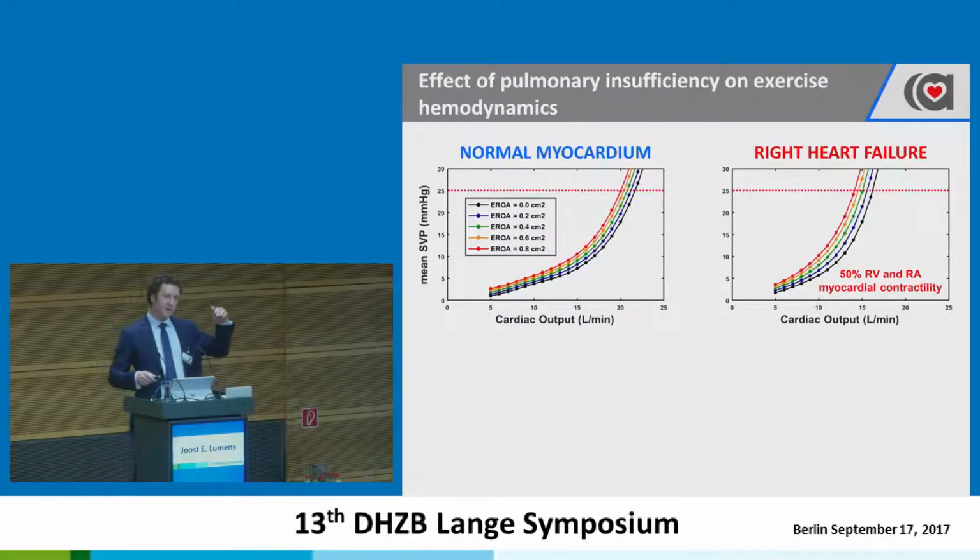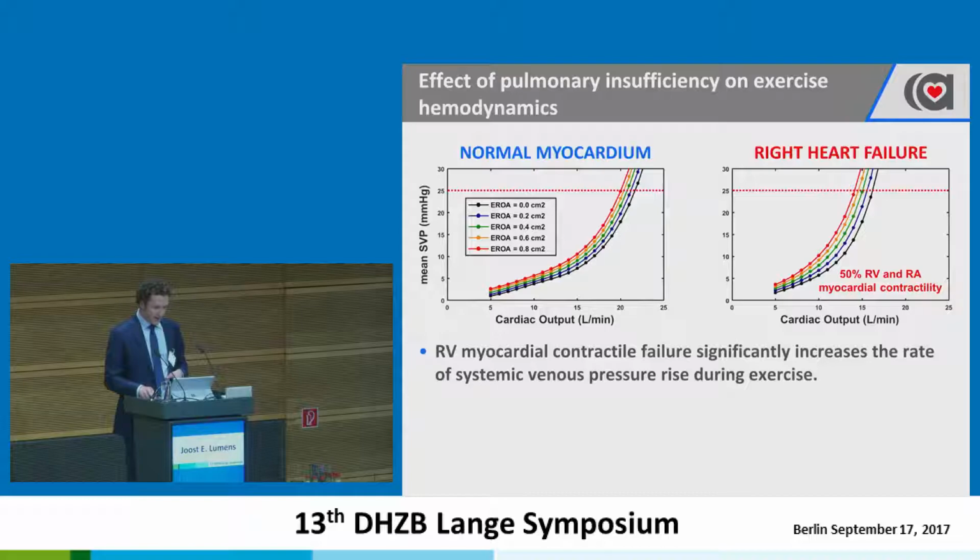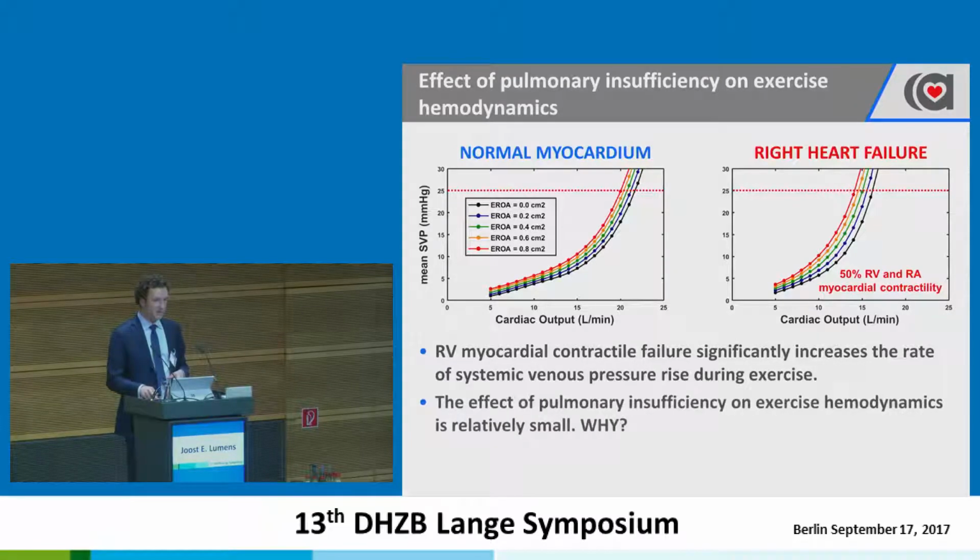Then if I induce pulmonary regurgitation just by making the valve incompetent, and once again, this is an acute intervention to the model. This does not take into account chronic remodeling of the heart. Then I was quite surprised myself to see so little effect of leakage of the valve. So I thought, well, how can we explain this?